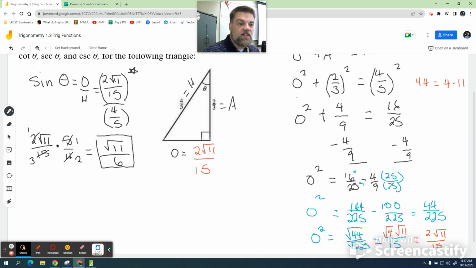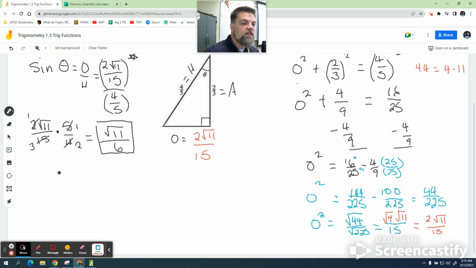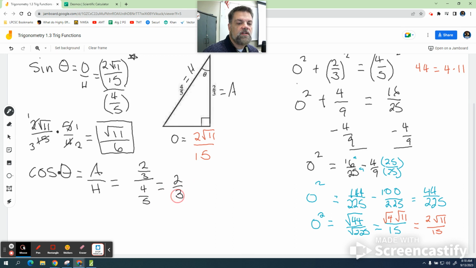Let's do cosine. This is good because you get to review all these things. So cosine of theta, you guys are looking at me like, oh my gosh, is the adjacent over the hypotenuse. What's the adjacent? 2/3. What is the hypotenuse? 4/5. Same thing here. I'm going to say 2/3 multiplied by the reciprocal. Now this one's pretty easy.